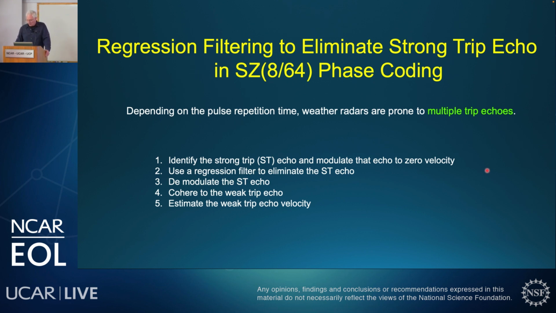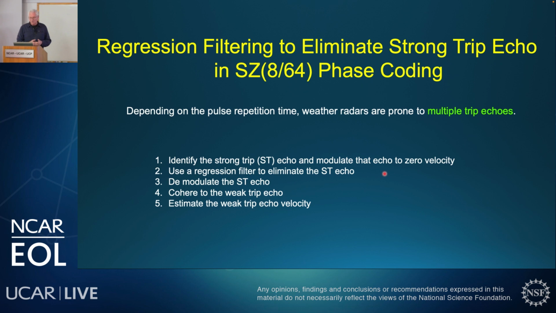How this algorithm works, you don't have to completely understand this, but you have these overlaid echoes, and we suppose that you know which one the strong trip is in, and you've cohered to that strong trip. So you identify the strong trip echo, and then you modulate that echo to 0 velocity because you want to get rid of that strong trip echo.